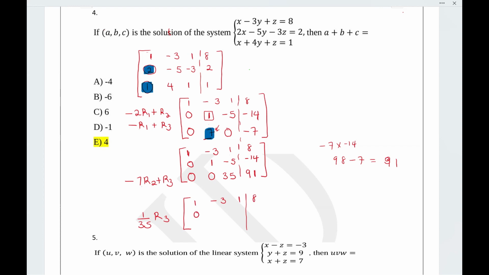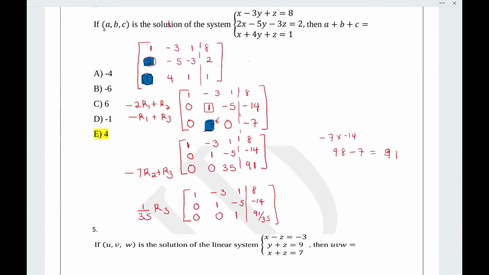This is 0, this is 1, this is minus 5, minus 14. And this will become 0, 0, 1. And here will be 91 over 35. So this is actually what we have now in row echelon form.